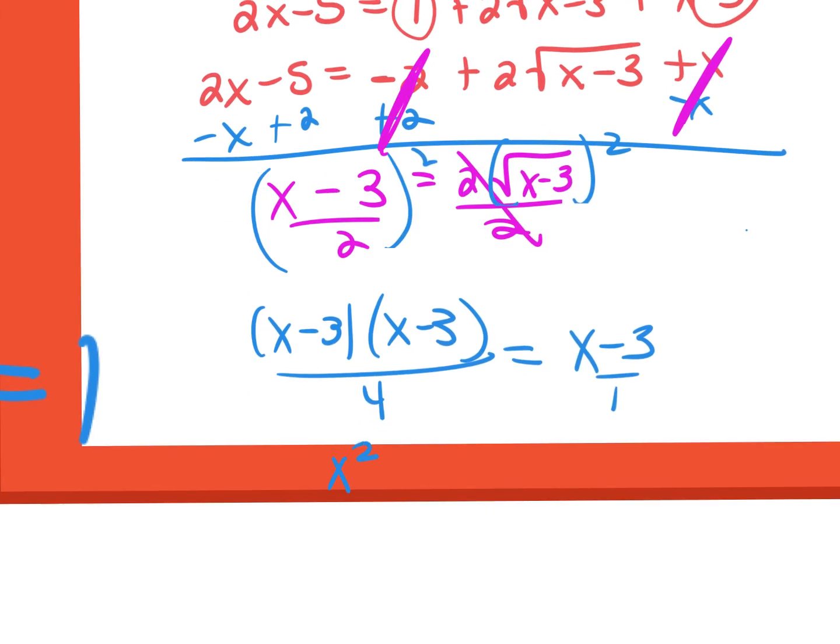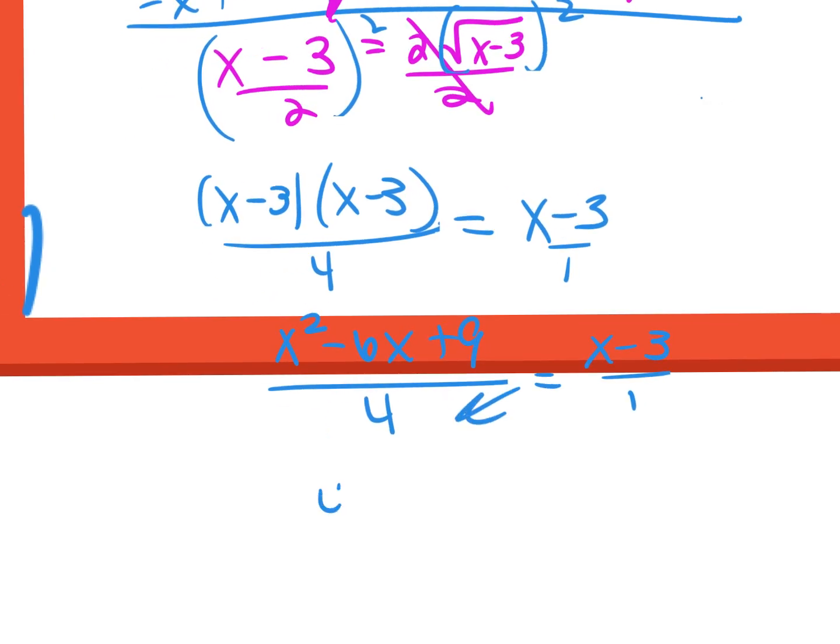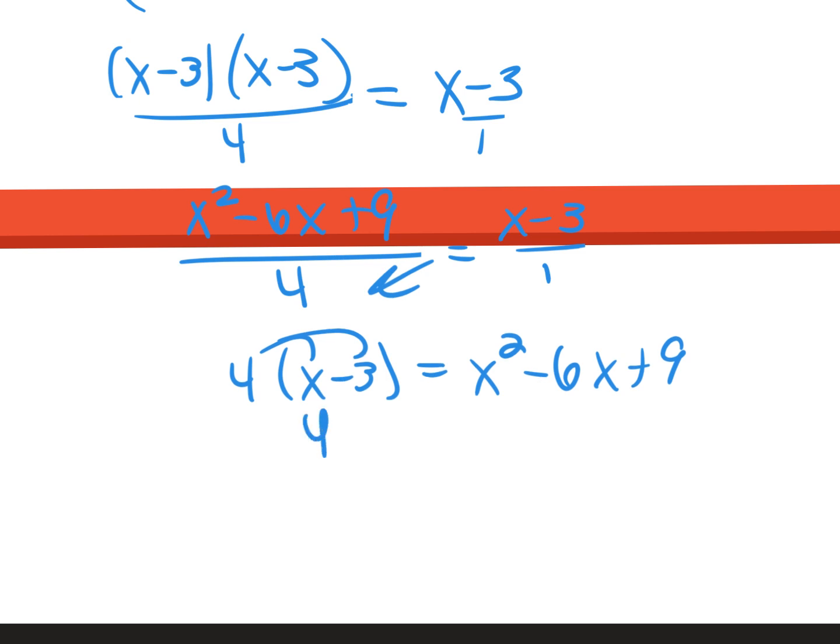So x squared minus 6x plus 9, we FOIL at the top, over 4 equals x minus 3 over 1. Cross multiply. 4 times x minus 3 equals x squared minus 6x plus 9. 4x minus 12 equals x squared minus 6x plus 9.